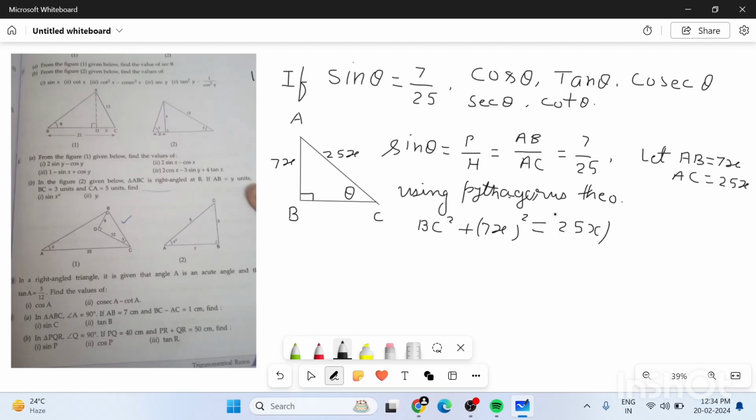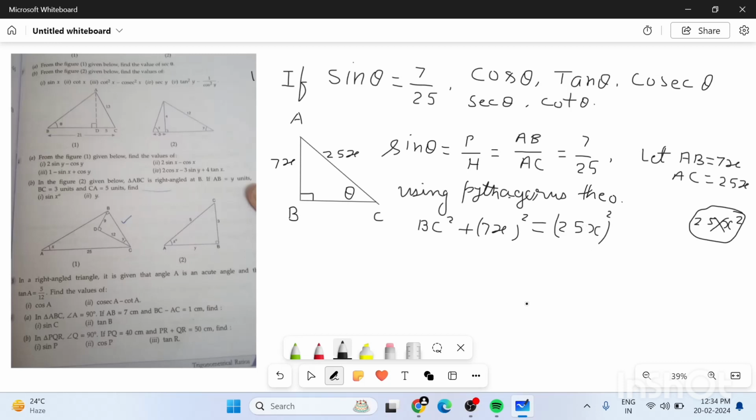Students, remember, very often you people write this as 25x square. This is wrong. Always use brackets to make the whole square of this.